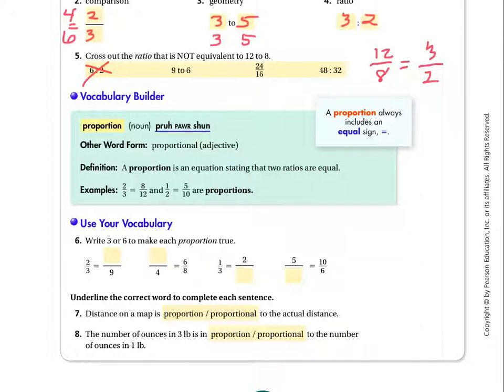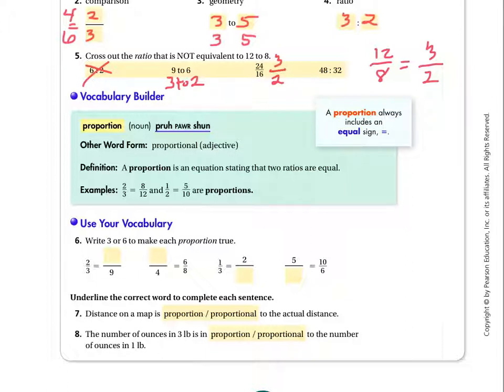What goes into 9 and 6? 3. So 9 divided by 3 is 3. And then 6 divided by 3 is 2. Doesn't that reduce to 3/2? So that's good. What goes into 24 and 16? Biggest number? 8. So 8 goes into 24 3 times, and 8 goes into 16 2 times, so that reduces to 3/2. And then what's the biggest number that goes into 48 and 32? 16.